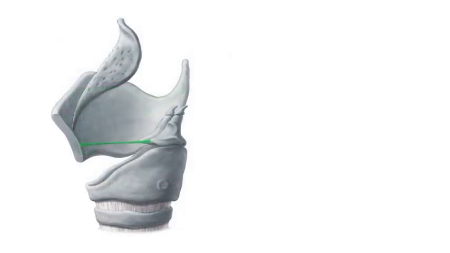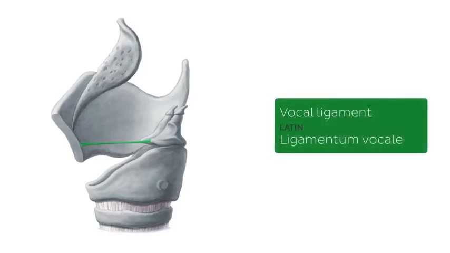Now moving on to the next one, this is a very important ligament, especially if I want to be talking with you right now. This is the vocal ligament, which is enclosed within the vocal folds. They are enclosed because this is a pair, two ligaments.